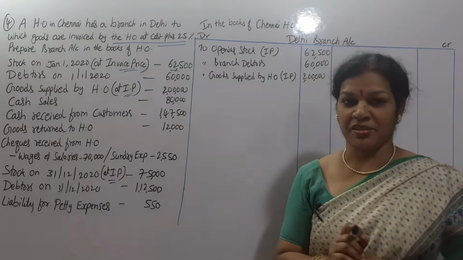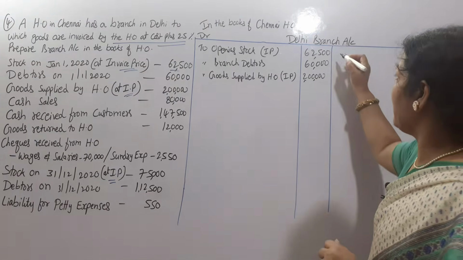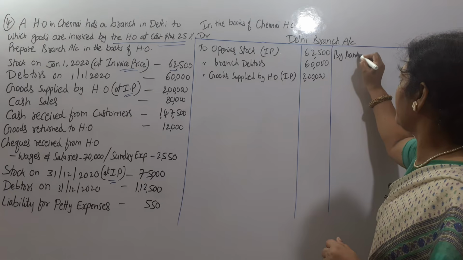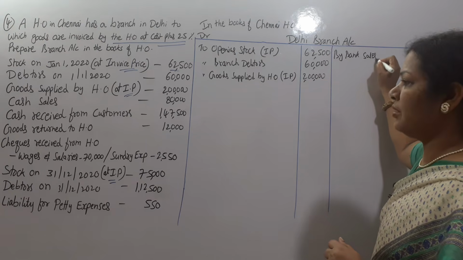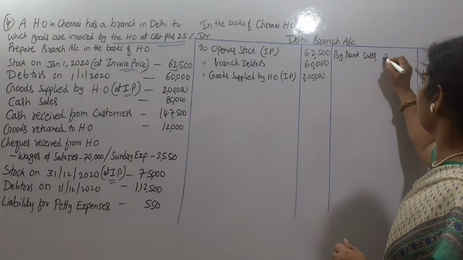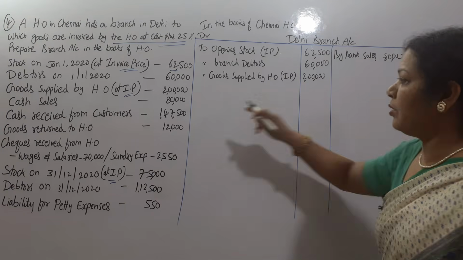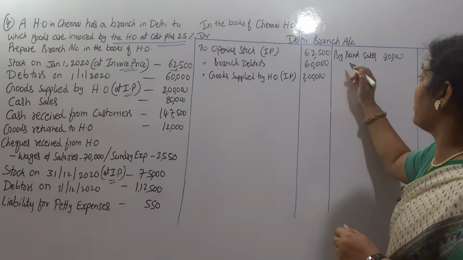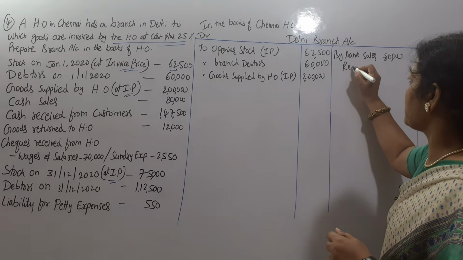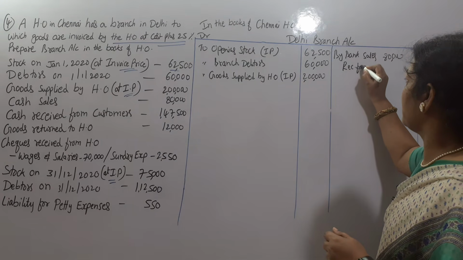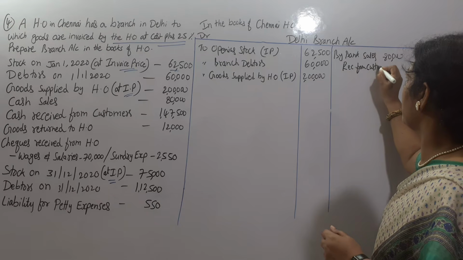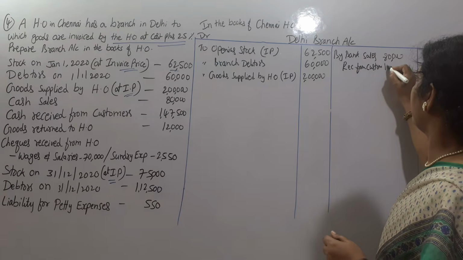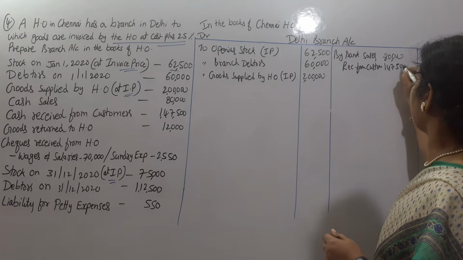Next, cash sales. On the credit side we will write by bank. Sales are here 80,000, and also cash received from customers. When we are receiving, that also we'll write here only, received from customers, 1,47,500.